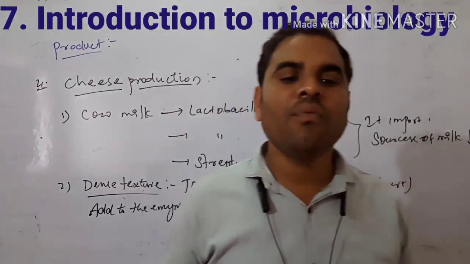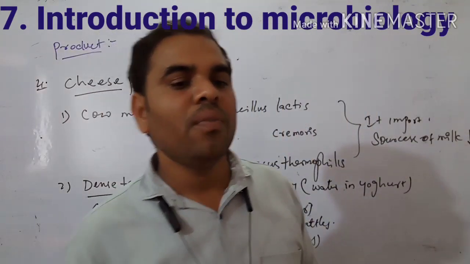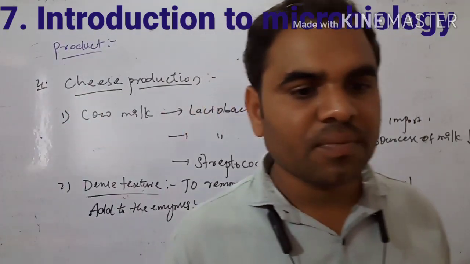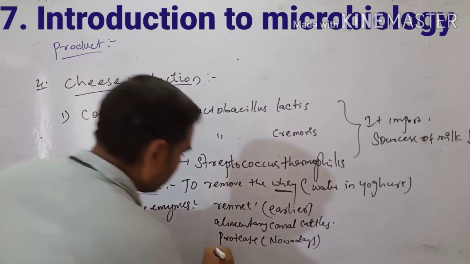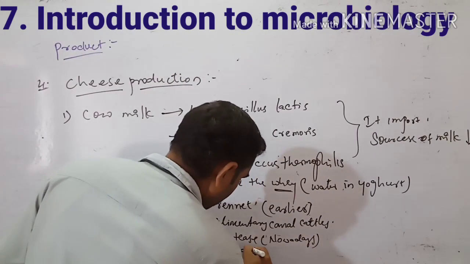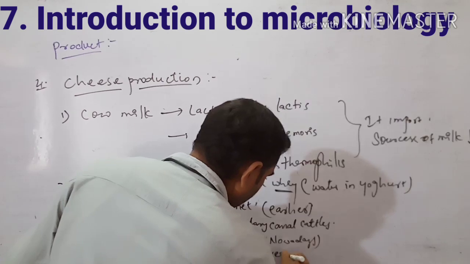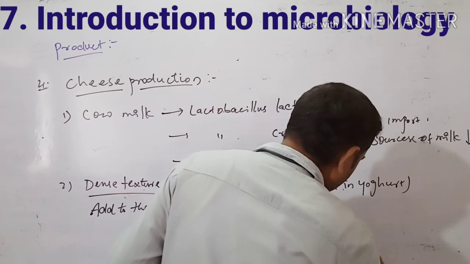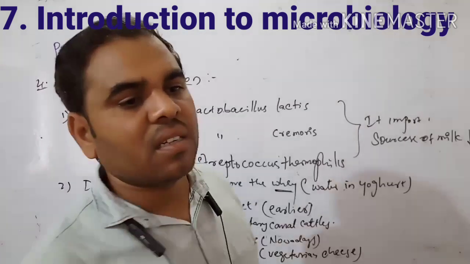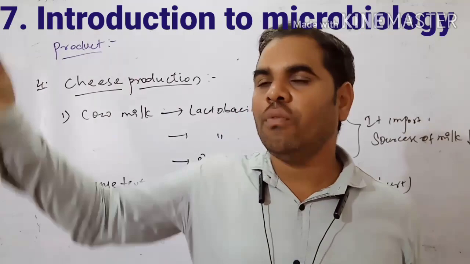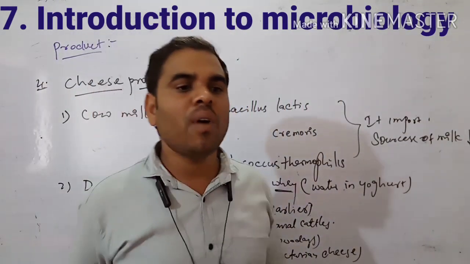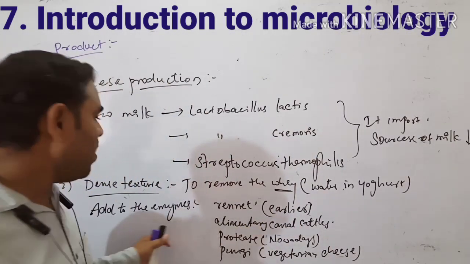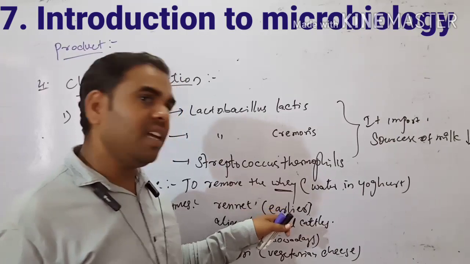Next we see fungi and vegetarian cheese. So in this preparation, dense texture means removing the water. Add enzymes, which is rennet, earlier added.